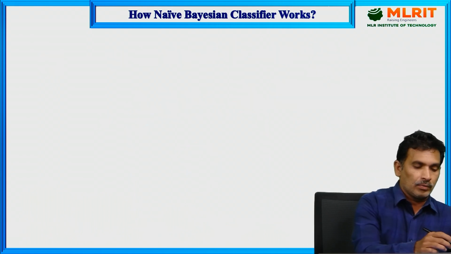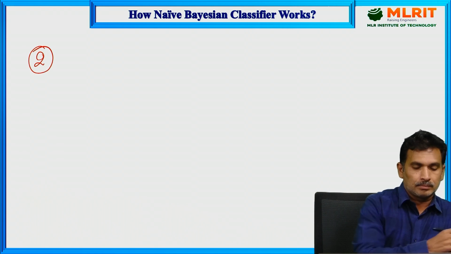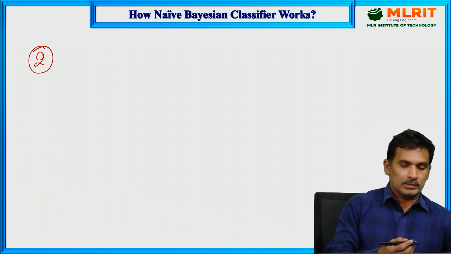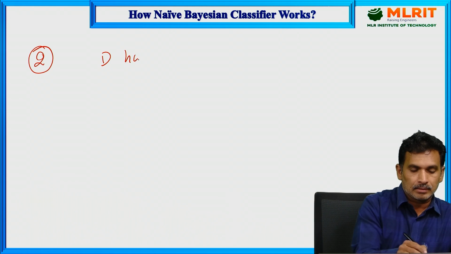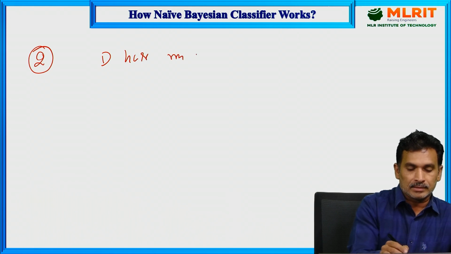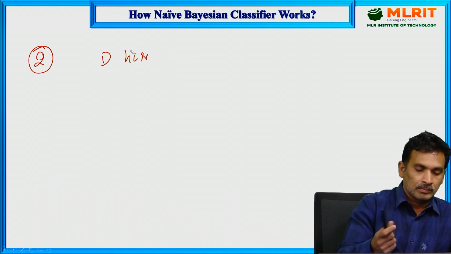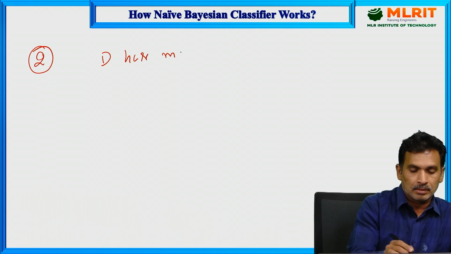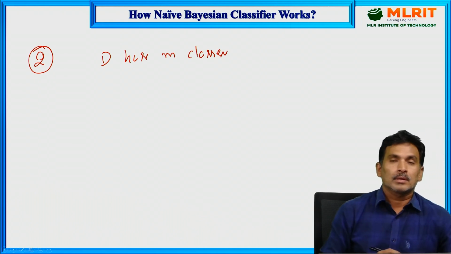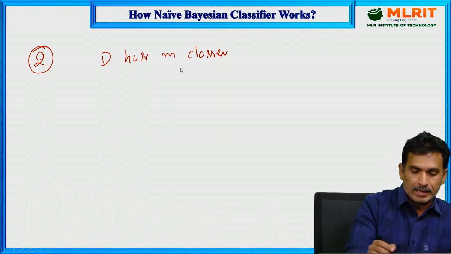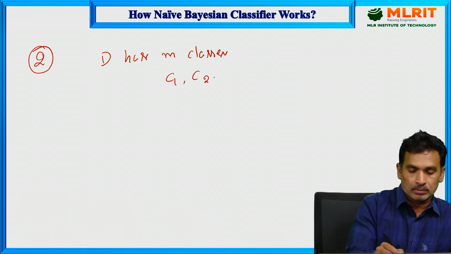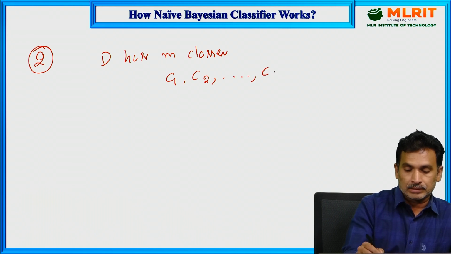And second, suppose D has m classes. If D has m classes, they would be represented as C1, C2, and so on, Cm.